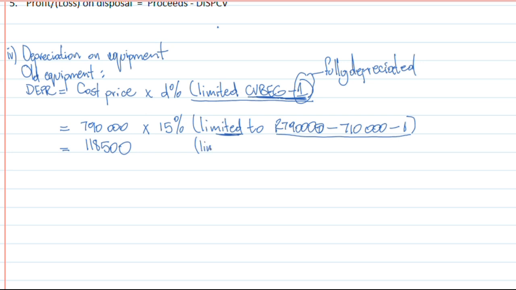So the maximum amount of depreciation we can charge to our assets is 79,999 rands, but we calculated depreciation at 118,500 rands. So that means our depreciation is going to be 79,999 rands, because that's the maximum.